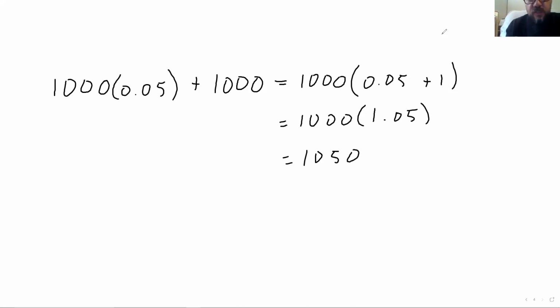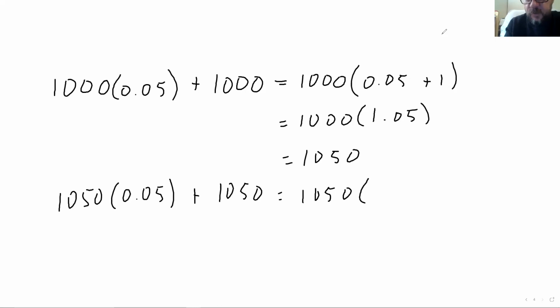If I then take that and I want to add 5% to it, well, I would do the same thing, right? I would do 1050 times 0.05 plus 1050. I factor that 1,050. That's 1,050 times 1.05 in exactly the same way as before. And then if I want to do the next one, I would do 110250 times 1.05.